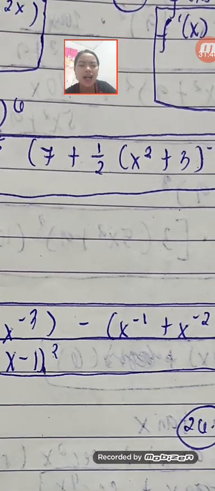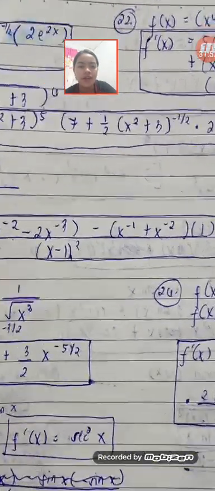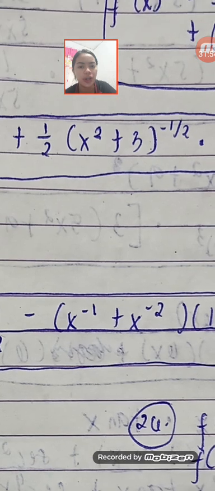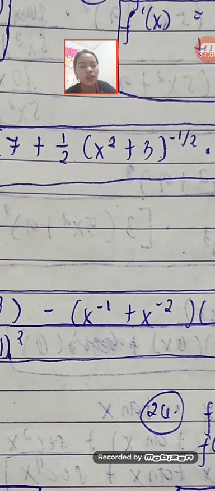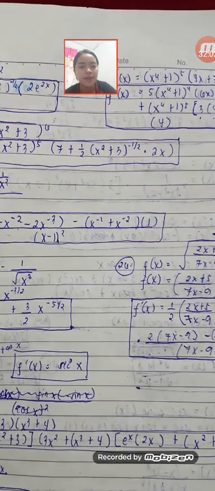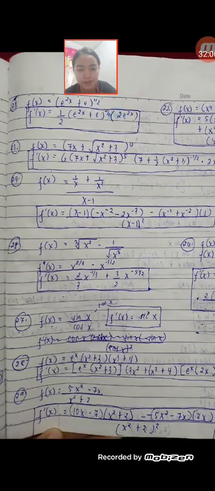So as you can see, we still have here an inside function. That's why we need to get the derivative of this one. So the derivative of x squared plus 3 is basically 2x. That's why we have here 2x. So that is our final answer.